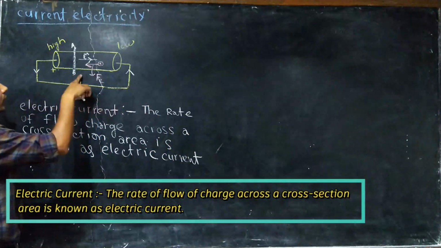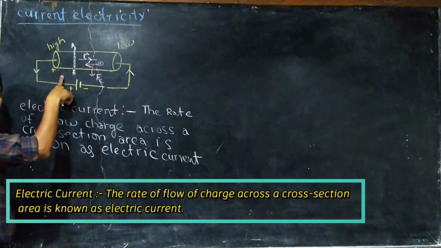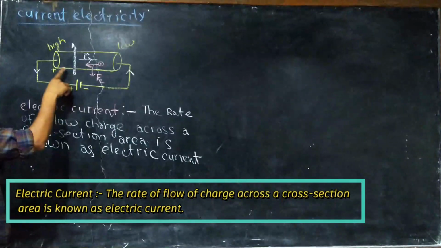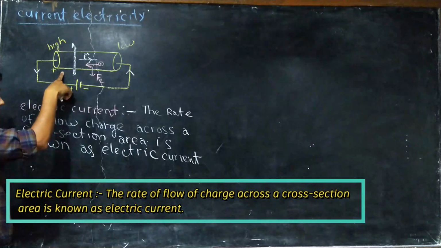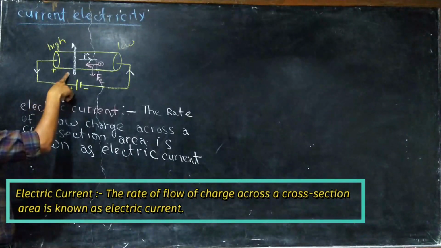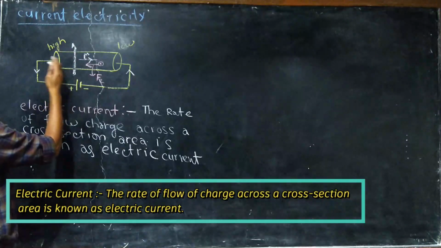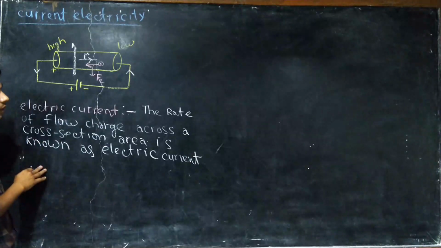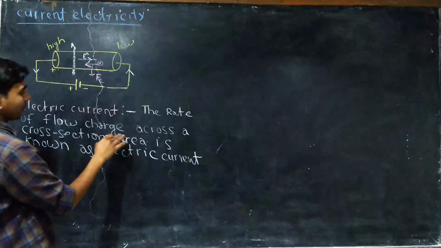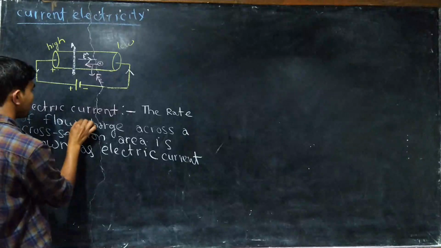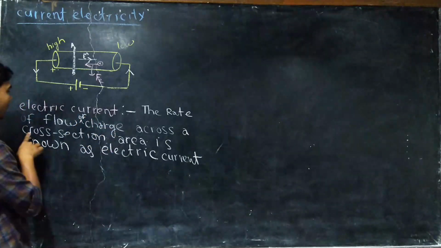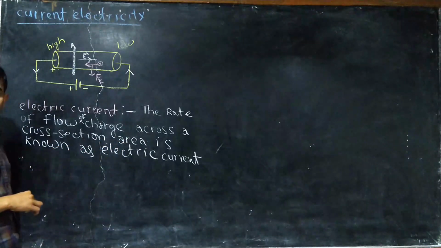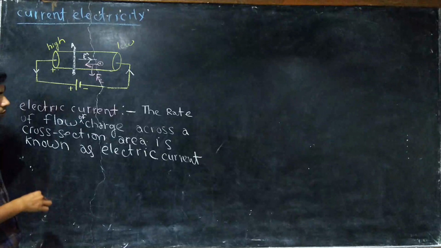So now here charge is crossing this area. The electron has charge, so due to this crossing of charge through this area, there will be current. And how is current defined? The rate of flow of charge across the cross section area is known as electric current.